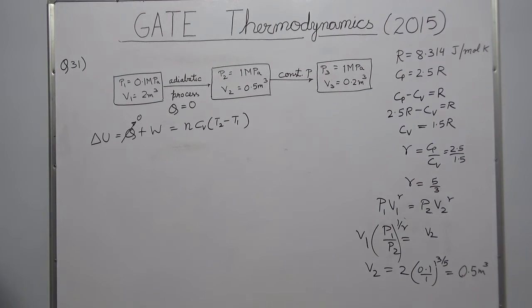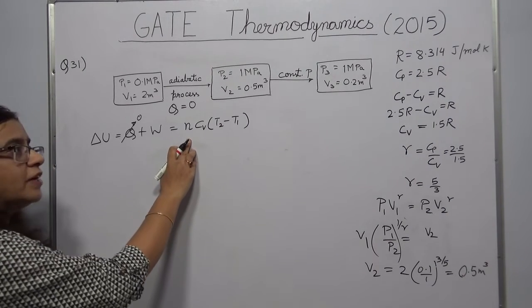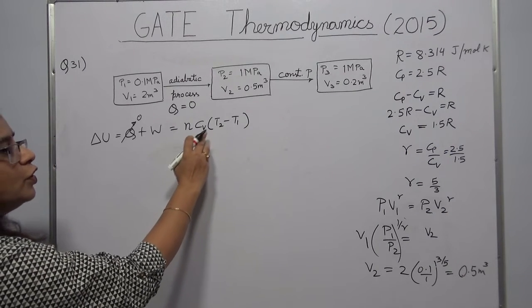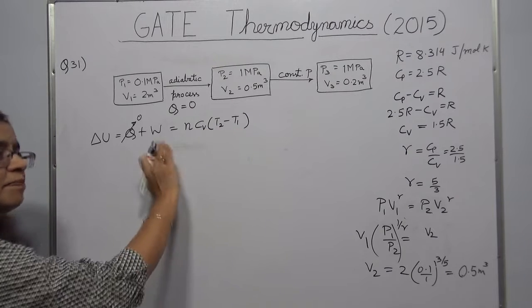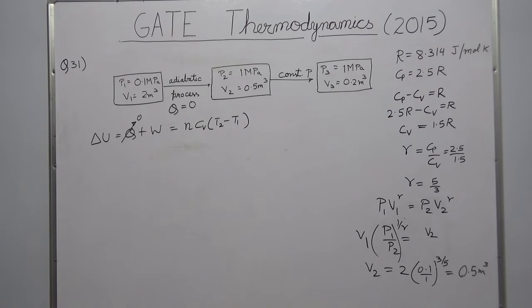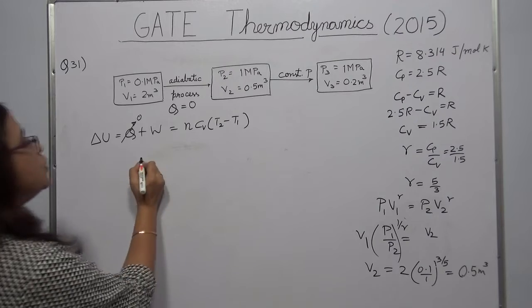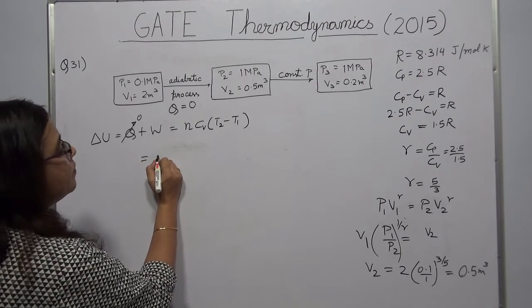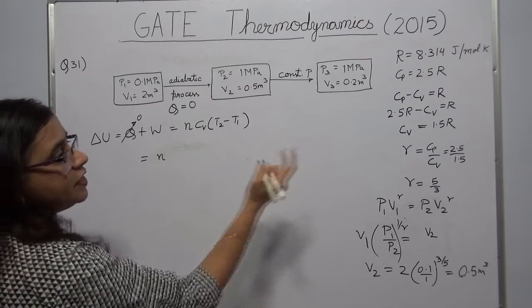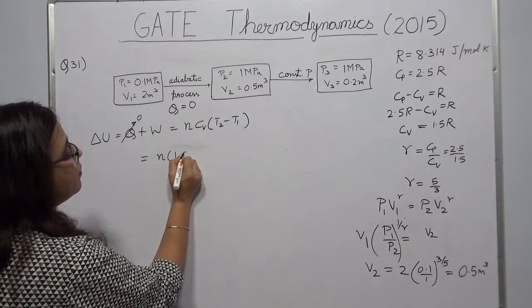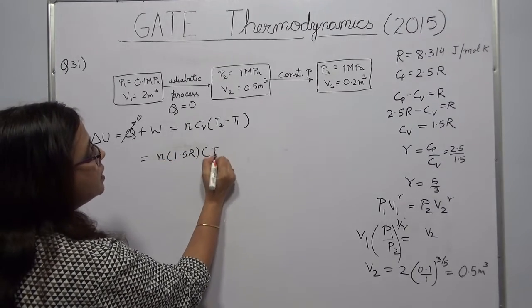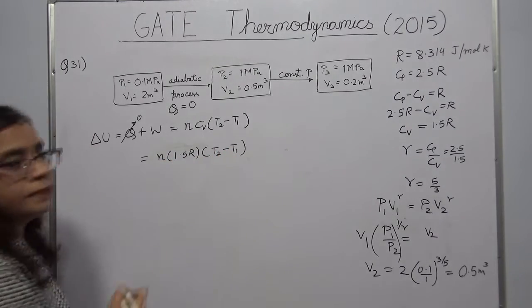Now let's come back to this equation. Since we do not know our Cv, T2 and T1, let's replace these with the values which we know. So I am going to write N and Cv in terms of R. I will write 1.5 times R (T2 minus T1).